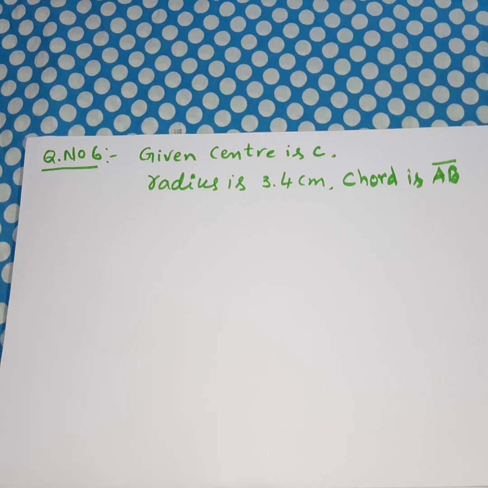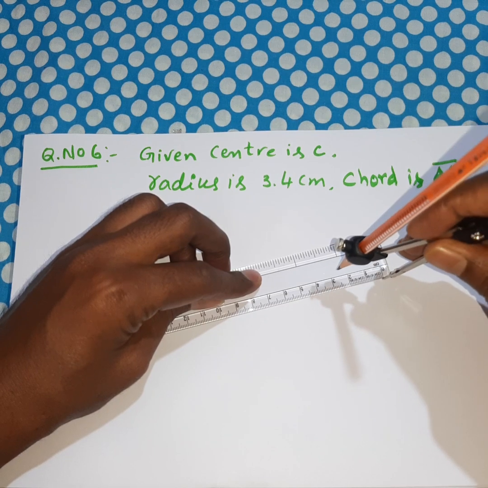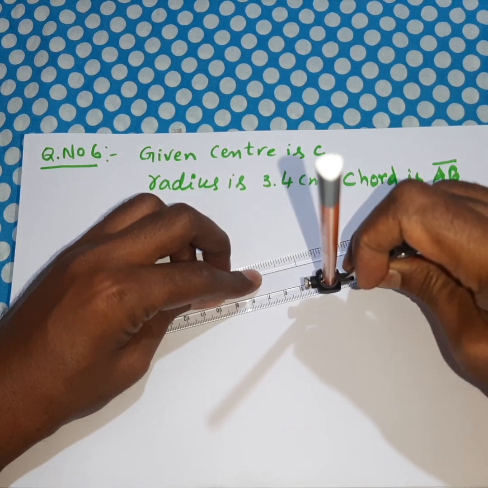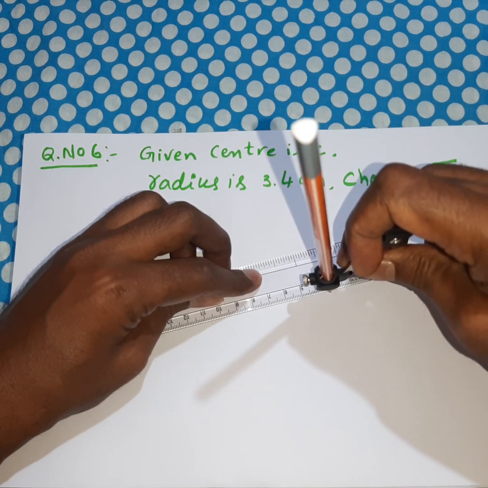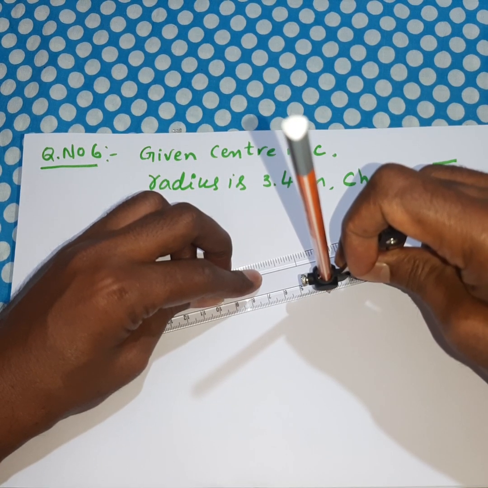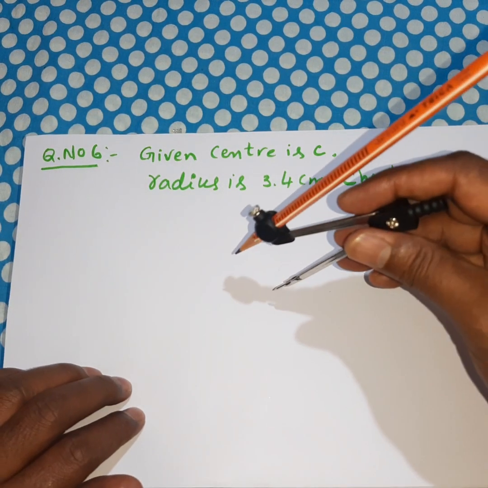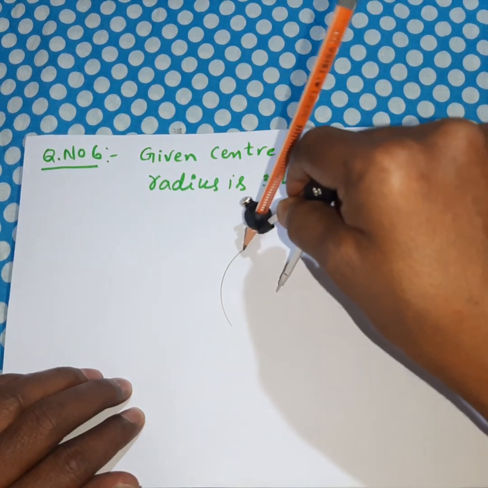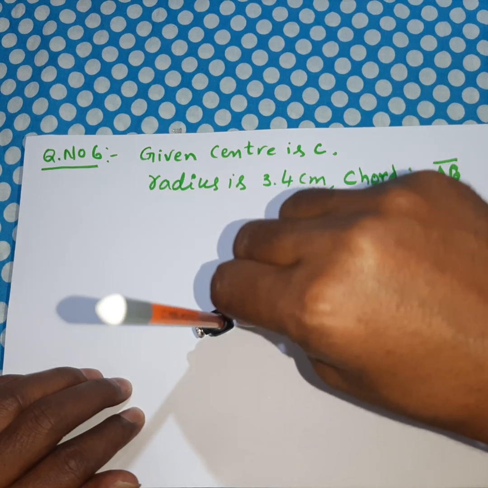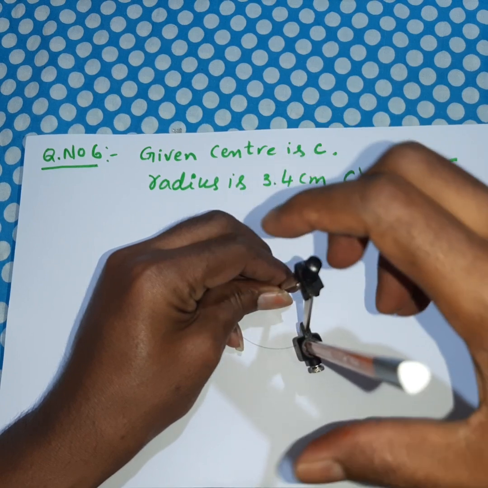First of all, take 3.4 centimeter on the scale. When you are doing construction you can take the exact measurement, then you will get the correct construction, right? Then first of all draw a circle with the given radius 3.4 centimeter.